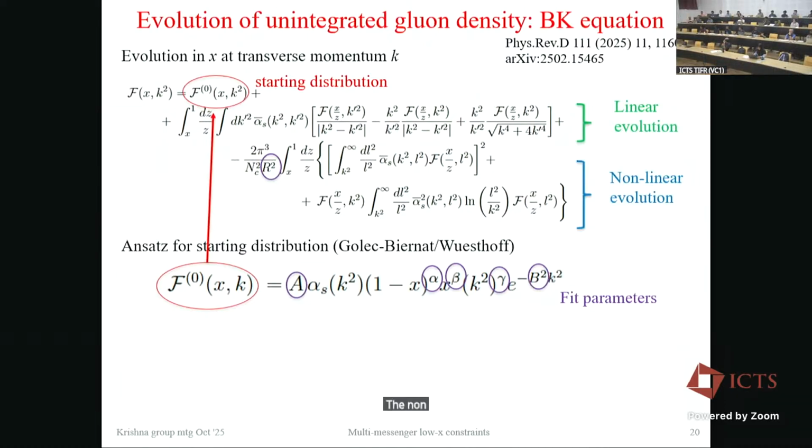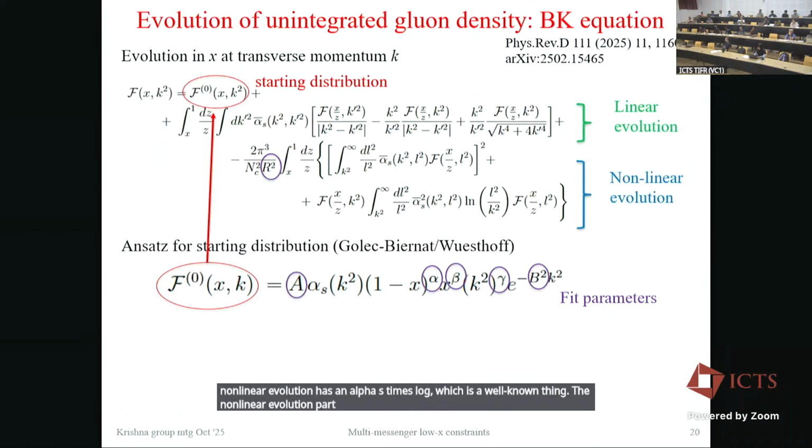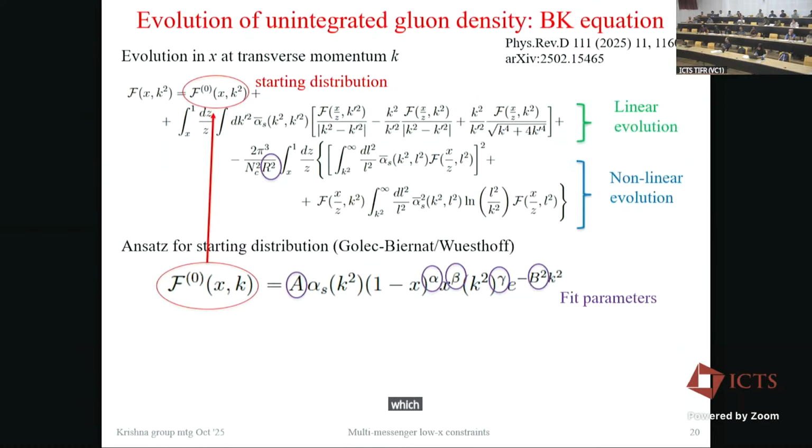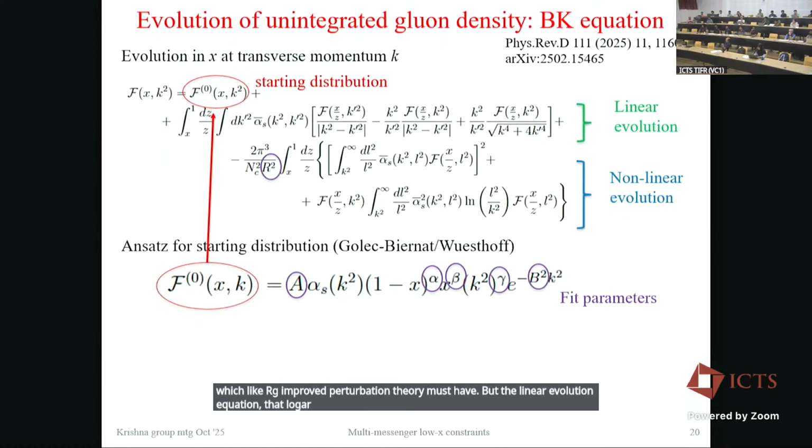Nonlinear evolution has an alpha_s times a log, which is a well-known thing, like RG-improved perturbation theory must have. But in the linear evolution part, that logarithm is not there.